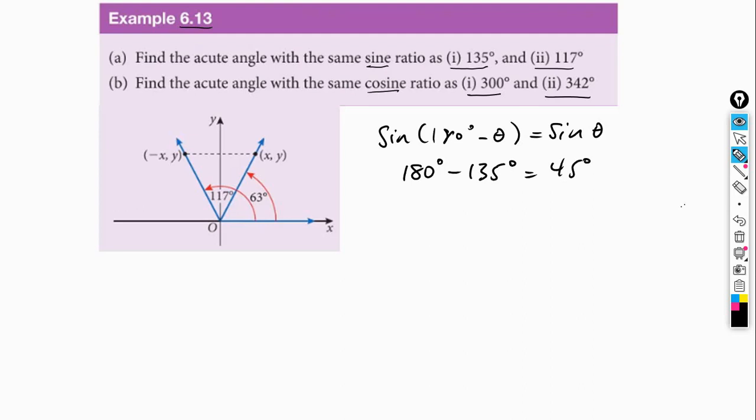It follows then that sine of 135 degrees is equal to the sine of 45 degrees.